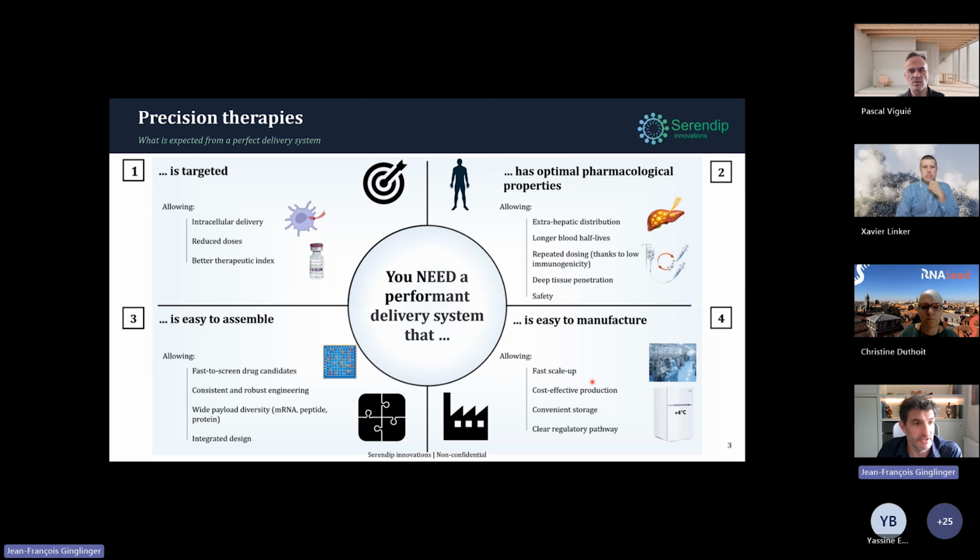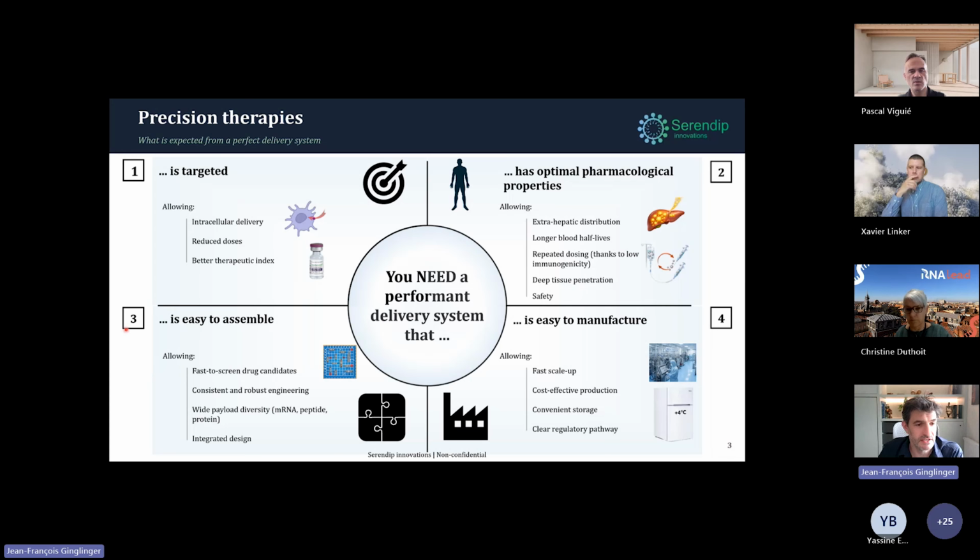You want it to be targeted, allowing intracellular delivery, for example, and other advantages. Two, you want it to have optimal pharmacological properties: avoiding liver, having good exposure, having low immunogenicity of the capsid itself, and so allowing repeated dosing and so on.